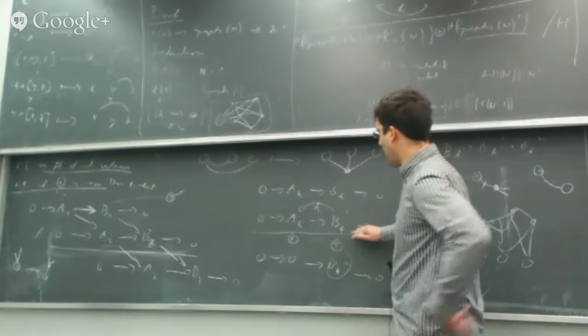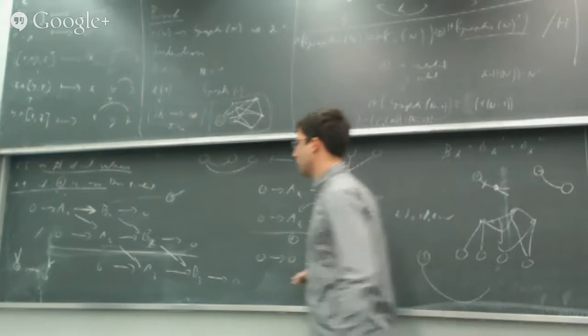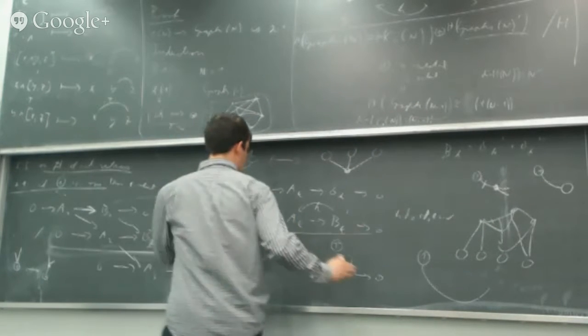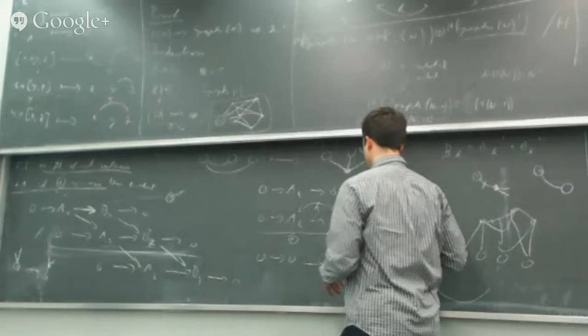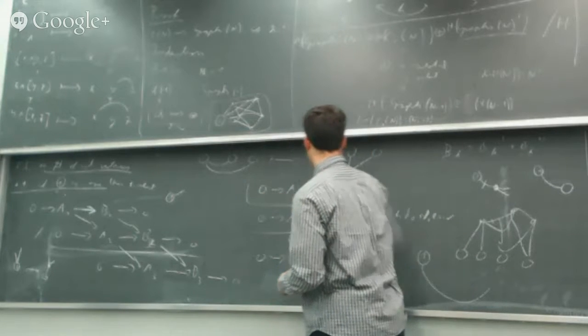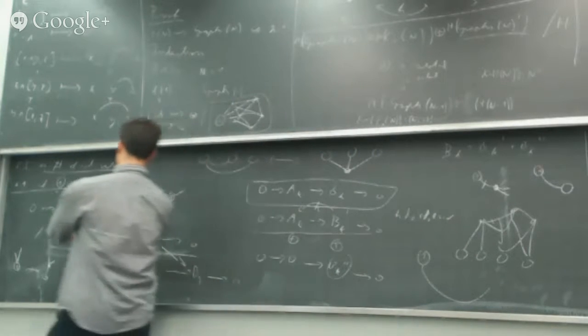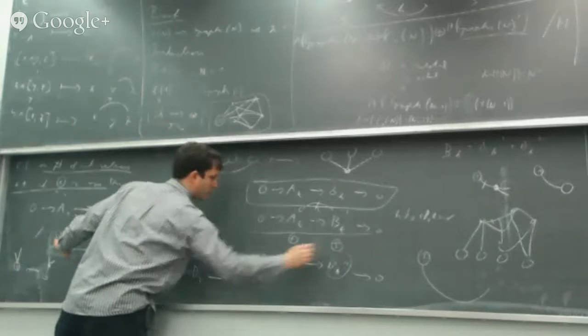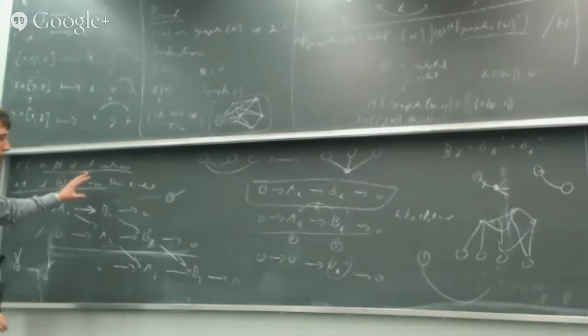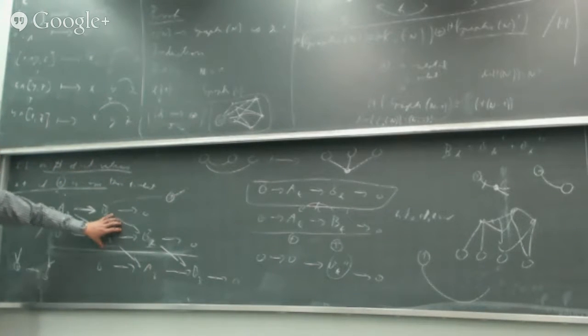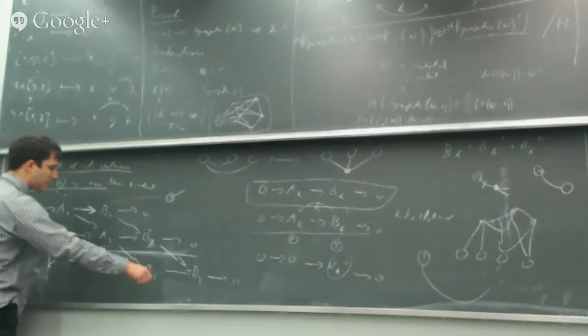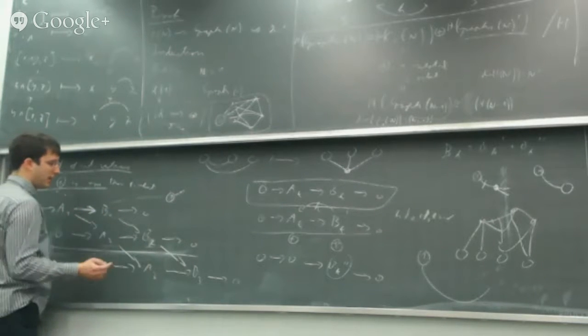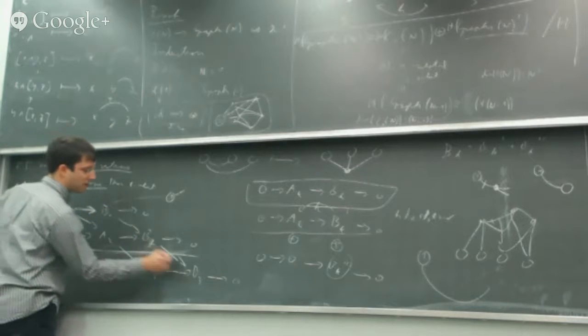So I now know that, actually I should come back. So now I know that the homology of these rows became B double prime. So on the second page of this spectral sequence, I will have everything 0 except B double primes here.